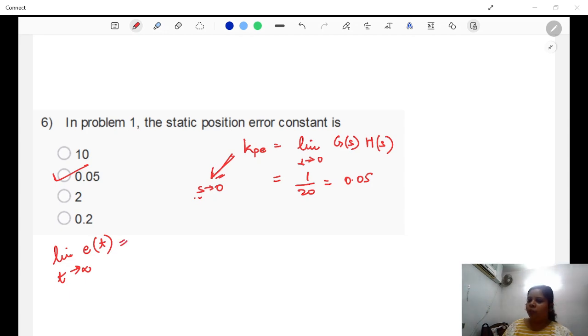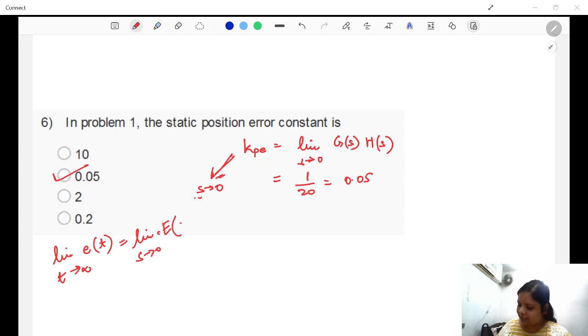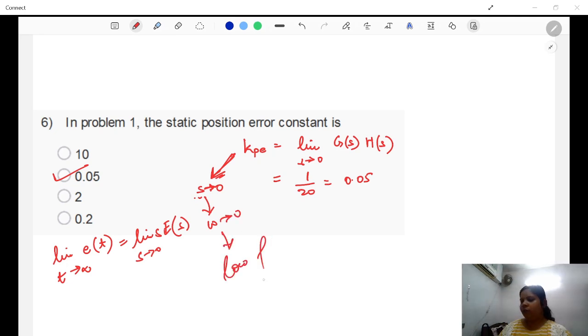Using the final value theorem, it is limit s tends to 0 of s E(s). This is what the final value theorem says. So for finding the Kp, we always want s tends to 0. s tends to 0 means omega tends to 0, which means low frequency.